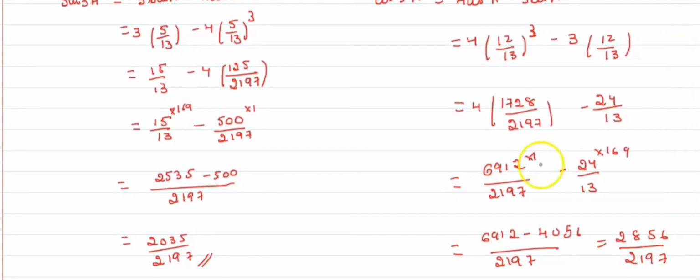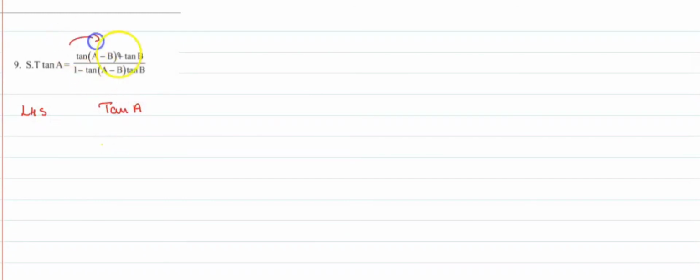Okay, next question. Here, show that tan A equals (tan of (A minus B) plus tan B) by (1 minus tan of (A minus B) into tan B). So I'll take whatever is there in the LHS. He has given just tan A, so from tan A you need to get this RHS.